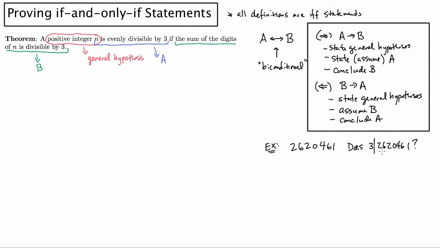What the theorem is suggesting is that it will divide the integer if the sum of its digits is divisible by 3. So the sum of the digits here is equal to 21, and because 3 divides 21, then everything checks out. 3 will then divide this number, assuming that the theorem's true.